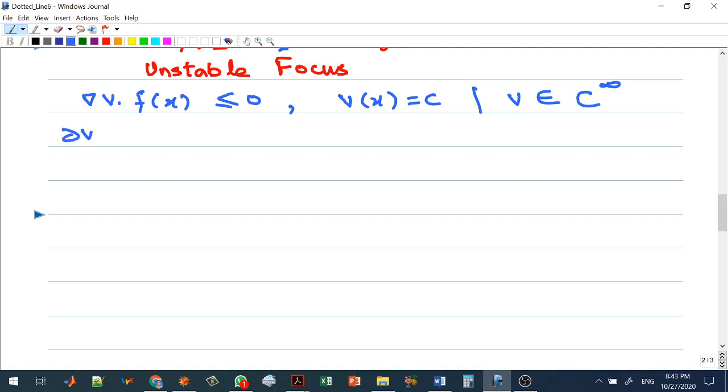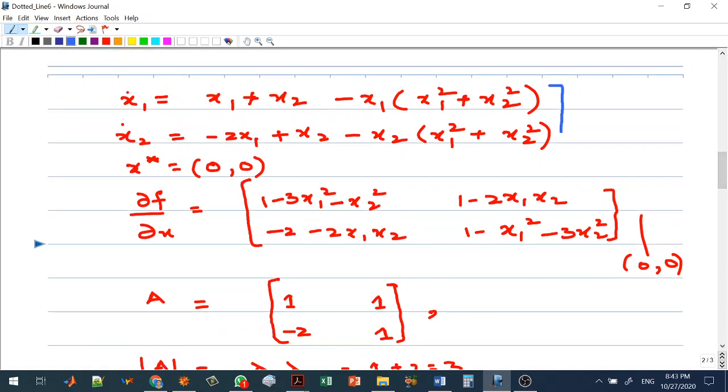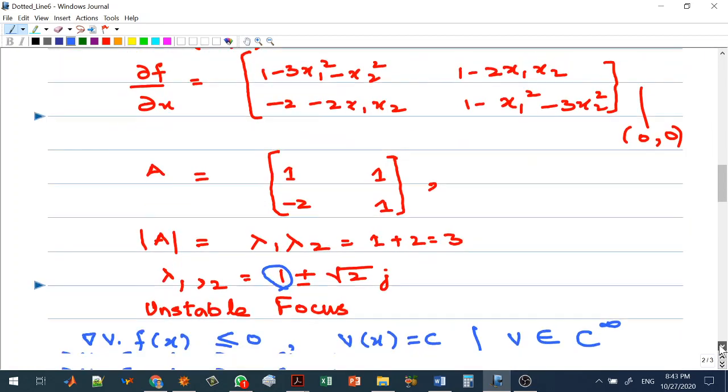So we consider partial v over partial x1 times f1 of x plus partial v over partial x2 times f2 of x. Just to point out what is f1 of x and f2 of x. So if this is the complete vector field f of x, then x1 dot is equal to f1 of x, right? So it is a vector of these functions. So this is from where f1 and f2 are obtained.